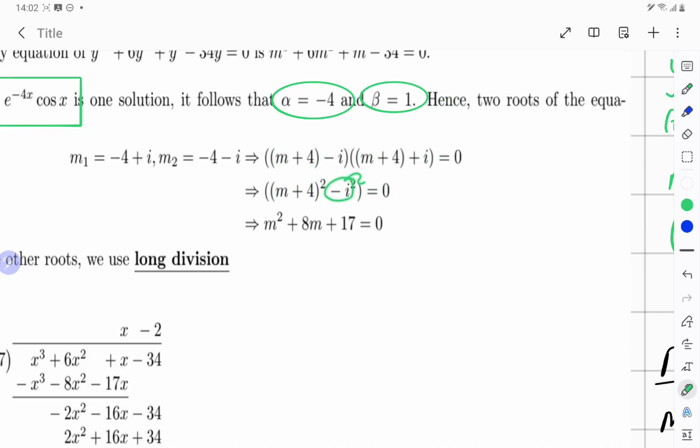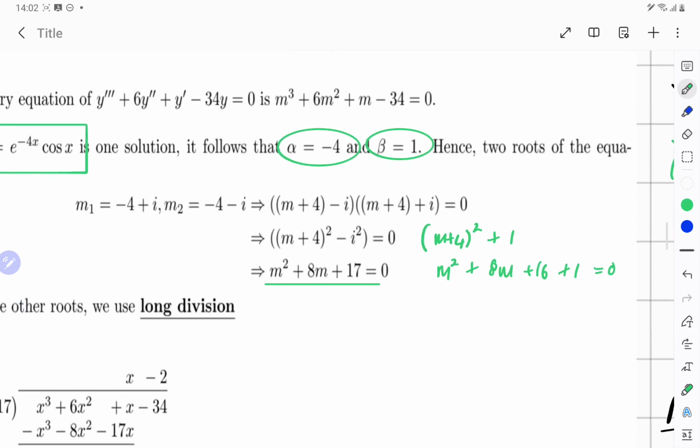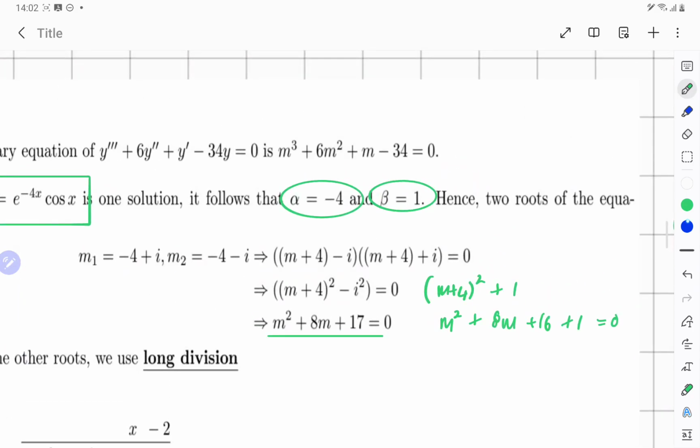So here I've just shown where it came from, but remember, you can just immediately do that, and when you multiply it out, you will get this answer. But now, just to recap, just focus here. Just remember our factor is m squared plus 8m plus 17.